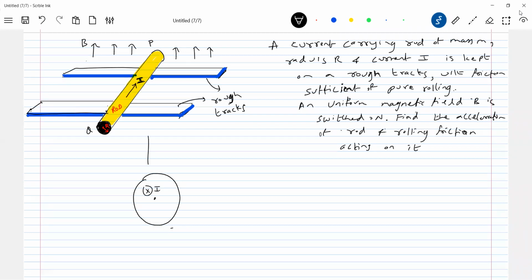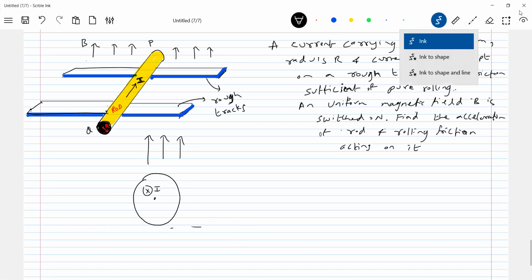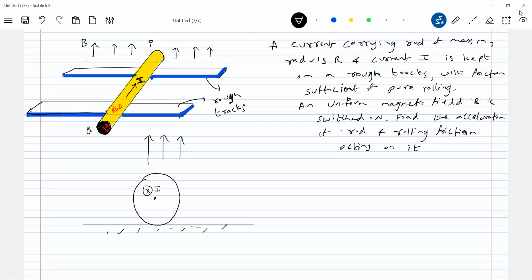B bar is like this, and this is the track. Now, how should the BIL force act? With B bar and current, the BIL force will act in this direction.